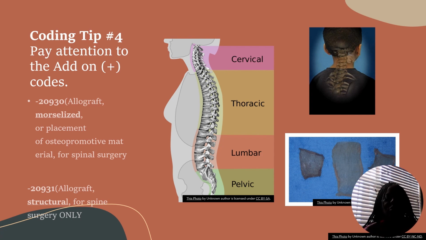However, if the surgeon documents that it was a structural allograft and it is being performed during a spinal surgery, then 20931 is your add-on code to add on. And again, these are add-on codes, plus signs. There must be a main or primary code listed before these codes can be added.